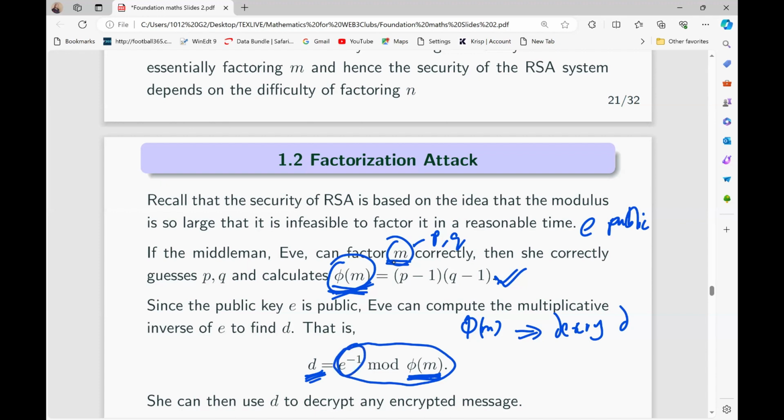E is in the public domain. It is known. So the only thing she's targeting is, can I get phi of M?